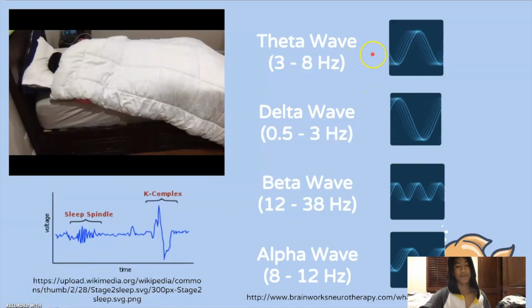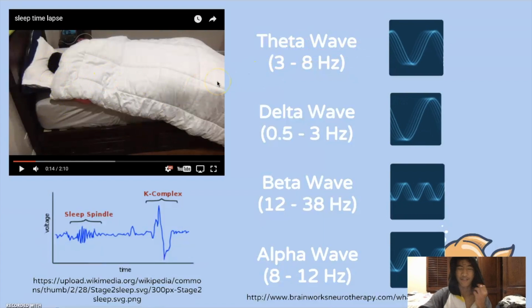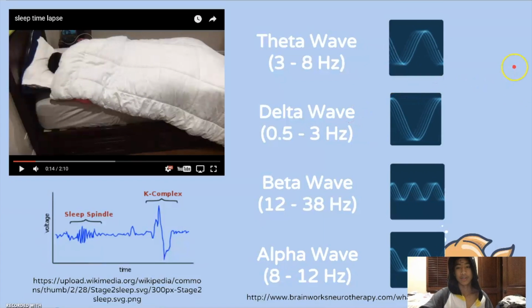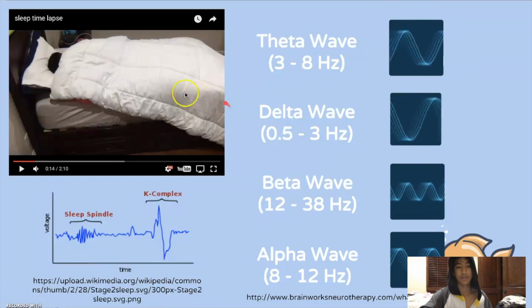The first stage of NREM emits theta waves, and this stage usually takes about 5 minutes. It's really thin and short, and people who are awakened from this stage usually don't recall being asleep, but they were just in the first stage of NREM.